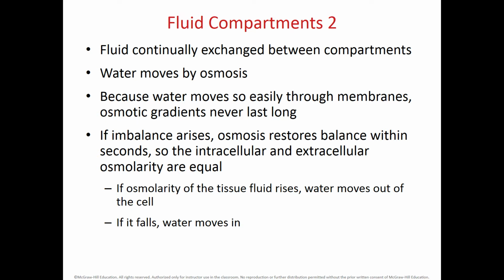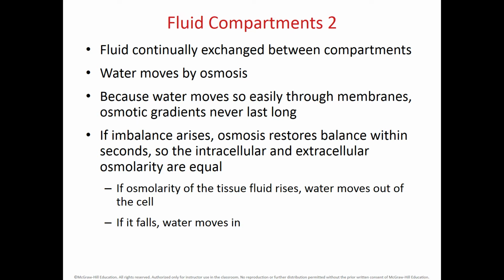Water will move easily through these compartments, and because water is moving constantly, you can maintain an equilibrium when it comes to maintaining a specific osmolarity, or amount of solutes, within the extracellular and the intracellular compartments.